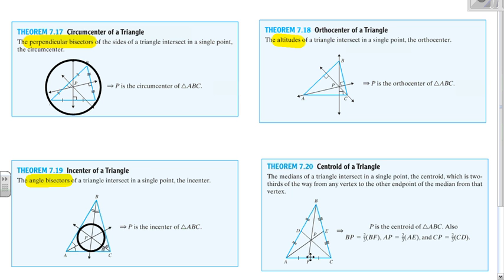The short segment is half the length of the longer side for all the medians. So it splits it into thirds, 2/3 for the long side, 1/3 for the short side. Or if you know the long side, the short side's half of it.